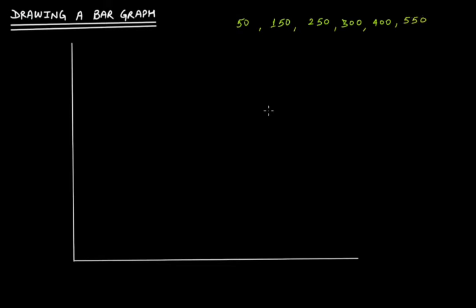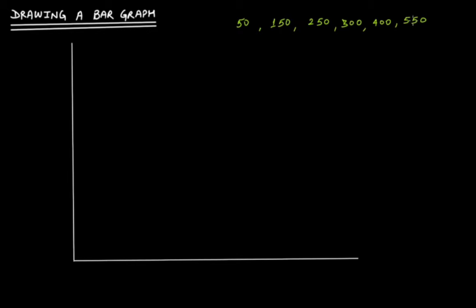Okay, if you look at these numbers, when you are deciding about the scale or the unit length, what should come to your mind? The thing that should come to your mind is that it's actually starting with 50, right? And then it's 150, then 250, then 300, then 400, then 550.